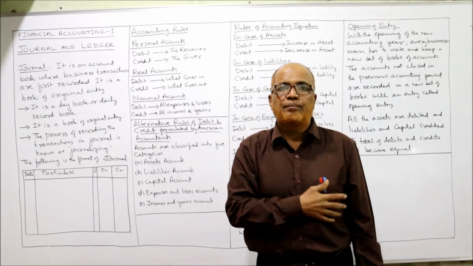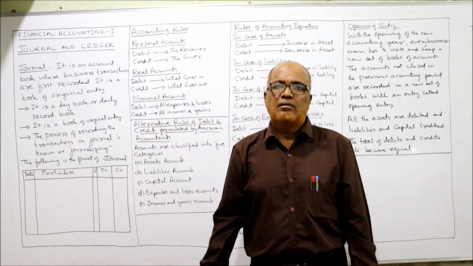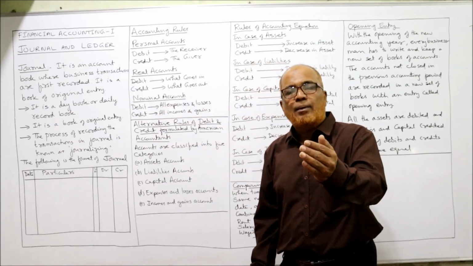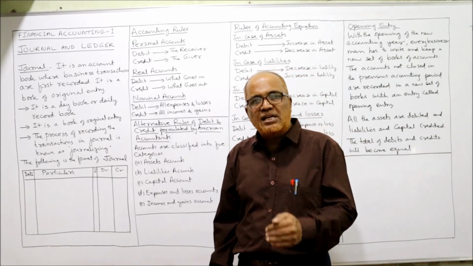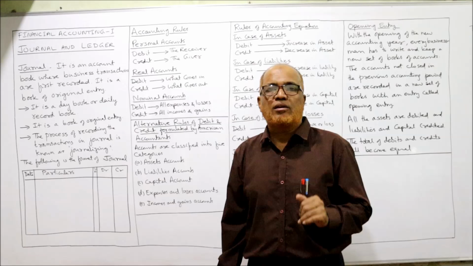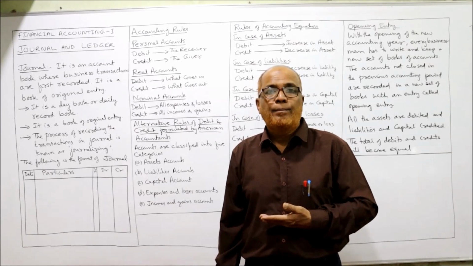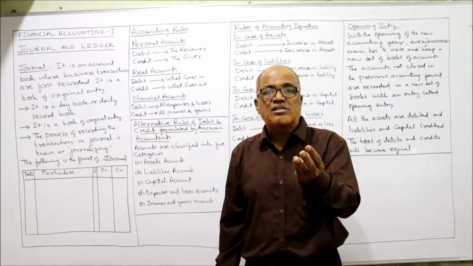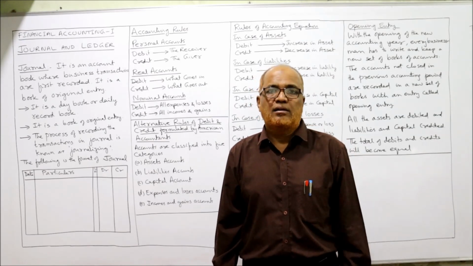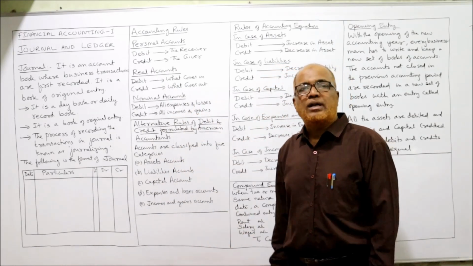They should be debited. Salary account should be debited. Rent account should be debited. Discount account should be debited. Similarly, if the business has received any income like interest received, commission received, discount received, it's an income. It should be credited. So these are the rules. These are called the accounting rules.